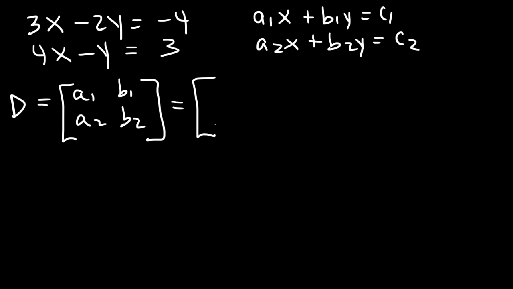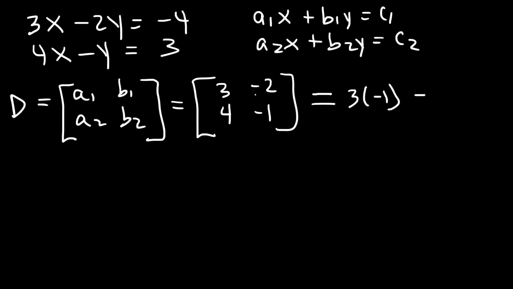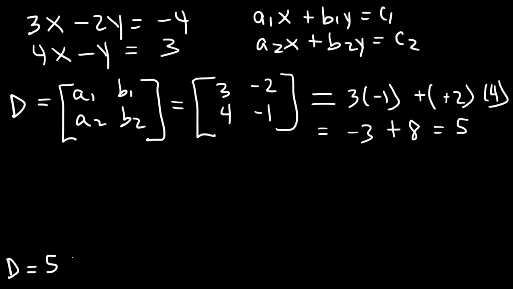And so we can see that a1 is 3, a2 is 4, b1 is negative 2, b2 is negative 1. Now let's determine the determinant of this 2 by 2 matrix. So it's going to be 3 times negative 1, and then minus negative 2 times 4. So that's negative 3, and then these two negative signs will cancel, so it's 2 times 4, which is 8, and negative 3 plus 8 is 5. So d is equal to 5.